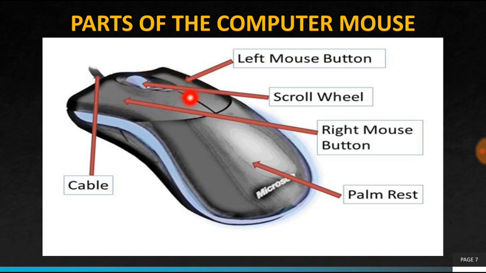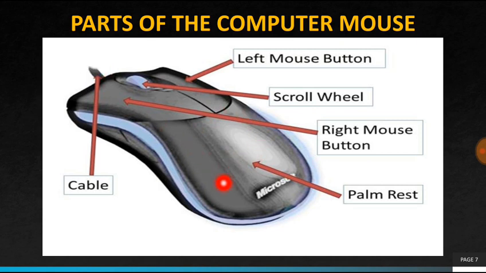Now in the middle, we have something which is referred to as the scroll wheel. Then when we come here, we have a cable, which most times we connect to the system unit. So what we have here, we don't call it a wire. We call it a cable or a cord.